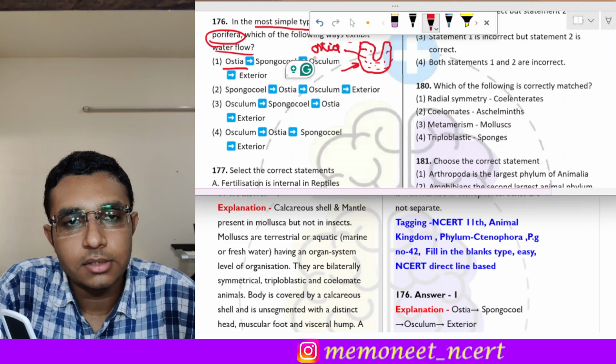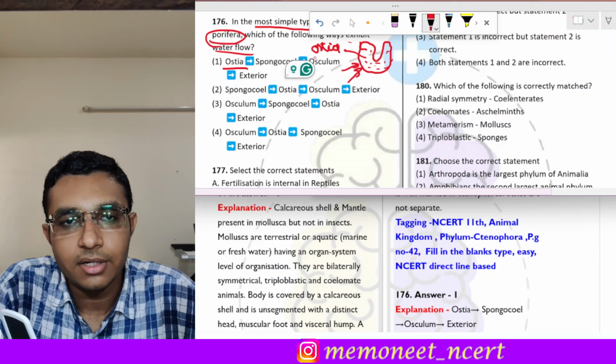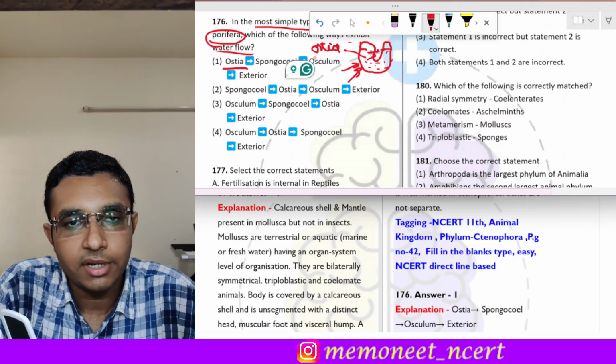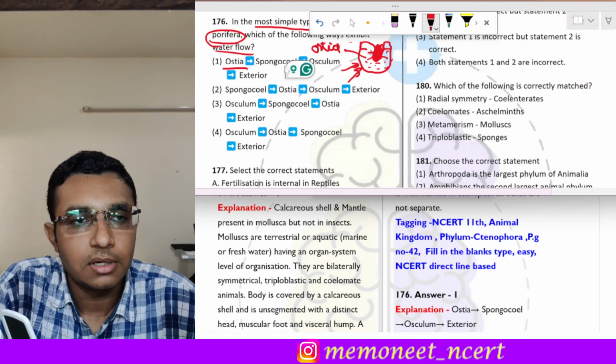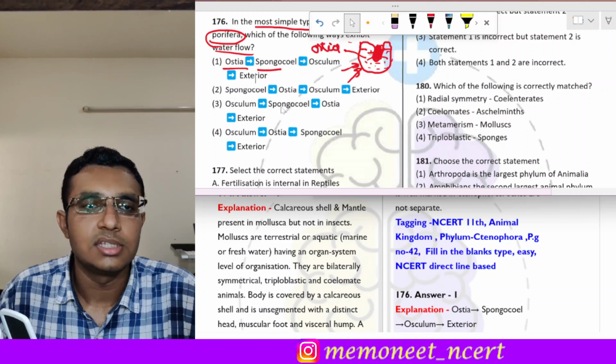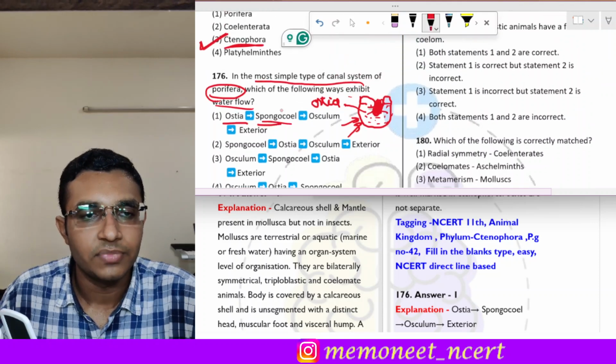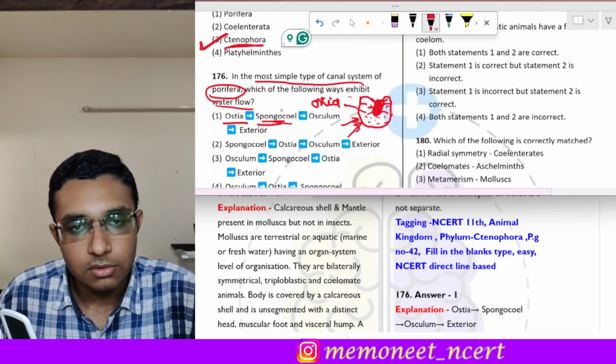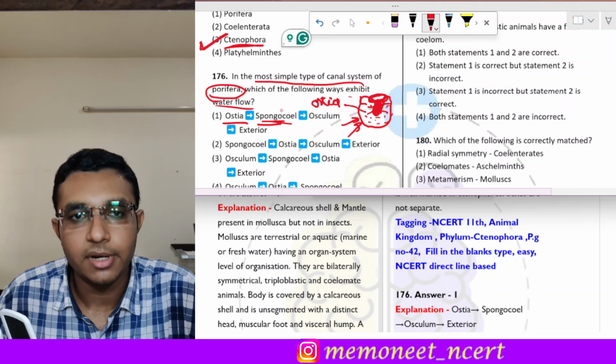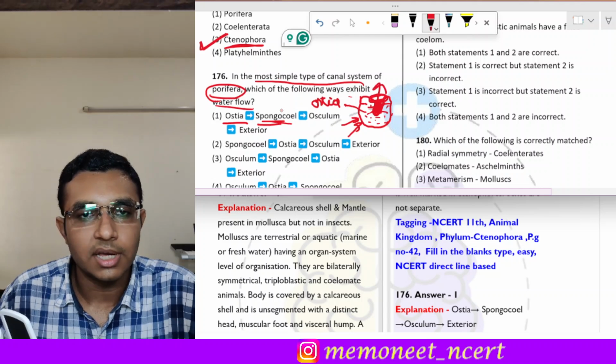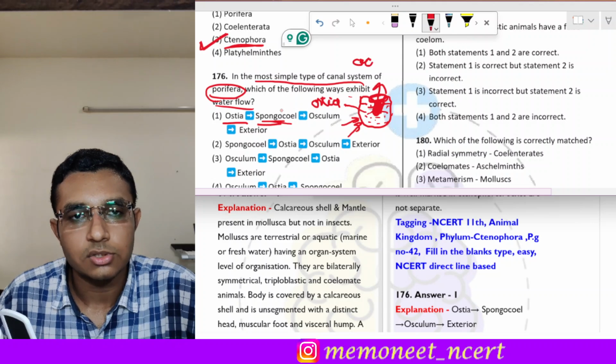Water enters through ostia first, and it goes into the main cavity or the canal. So water flows over here, and this canal is known as spongocoel. Then it comes out through this large pore in the middle, and this pore is called osculum.